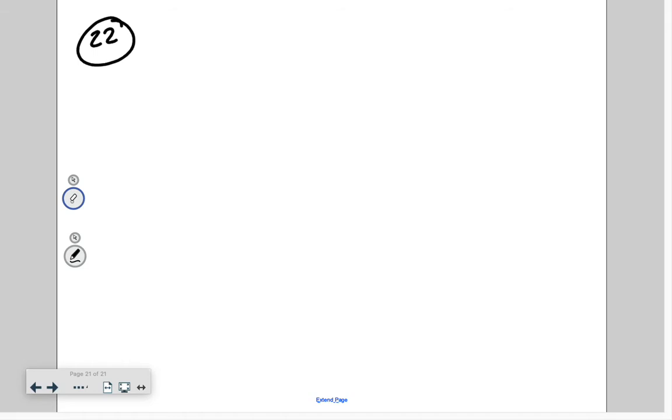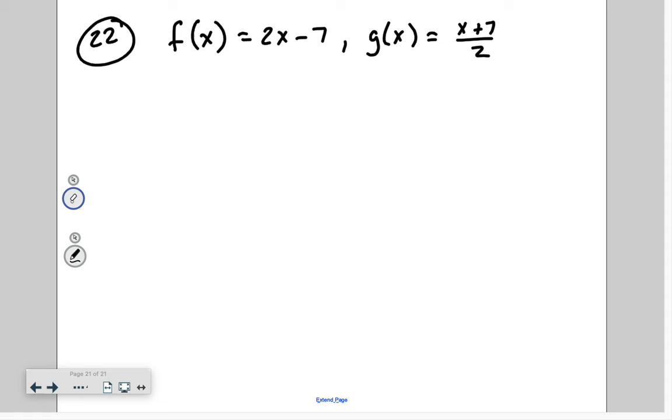Let's take a look. So the question here says, are these inverses? And this is where we talked earlier. This is where you got to go do the composite functions and then see if it simplifies to x.